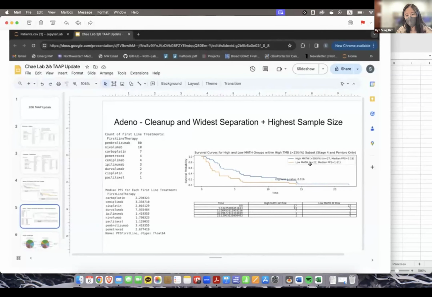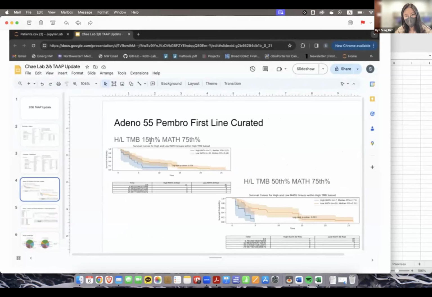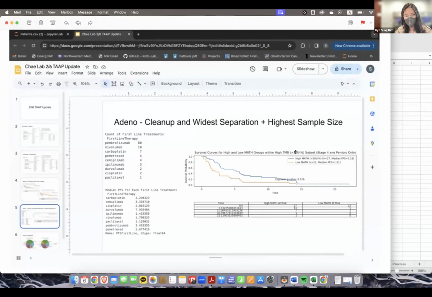And these are much higher sample sizes, so presumably this is a more robust and more likely to be real trend. The actual cutoffs are not that different from the previous charts that I showed you. Here it's 15th for TMB, 75th for MATH, 50 for TMB, and 75th for MATH. Here it's 25th for TMB and 50th for MATH.